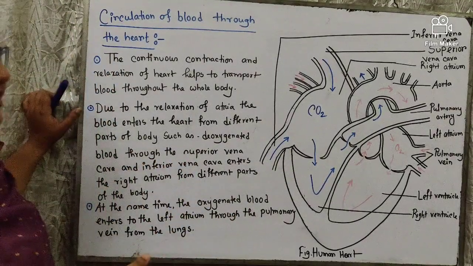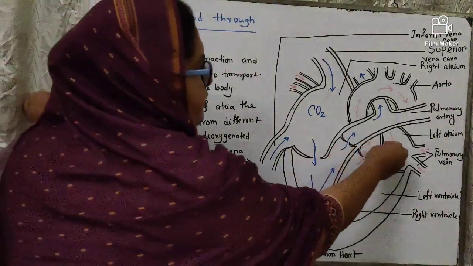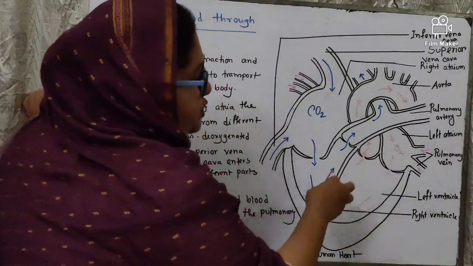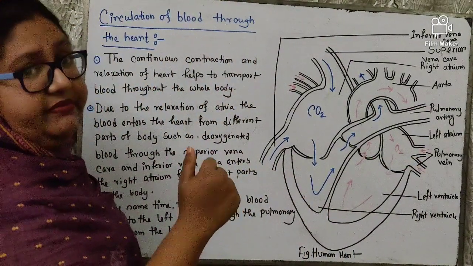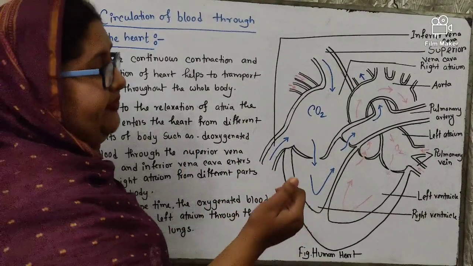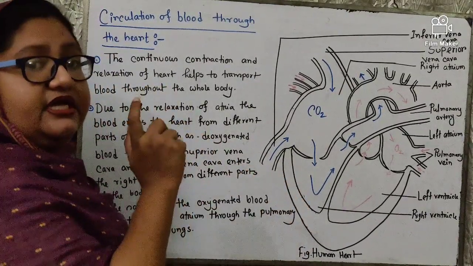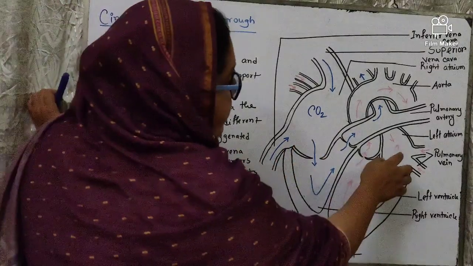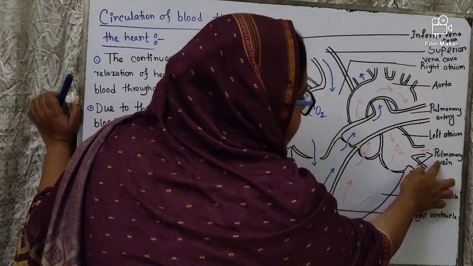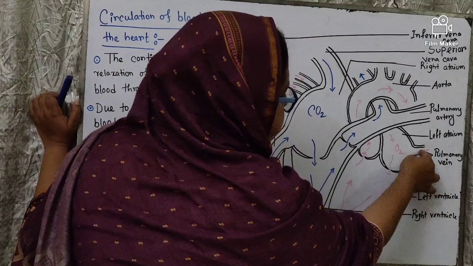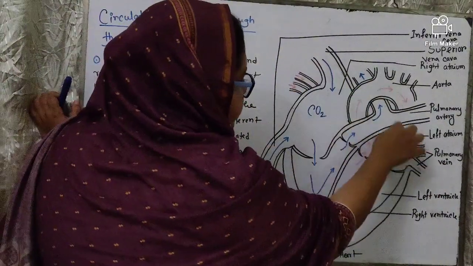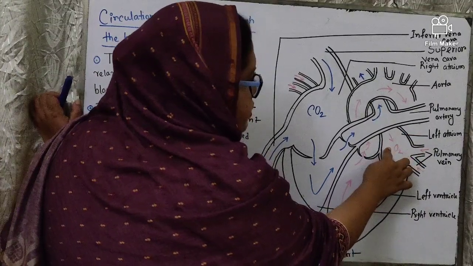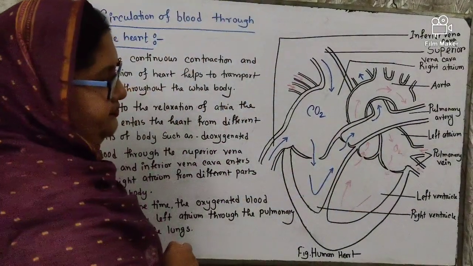At the same time, the left atrium also expands. So the oxygen-enriched blood, that means the blood that carries oxygen, that is present in the lungs, with the help of pulmonary veins, these two are the pulmonary veins, enters into the left atrium.